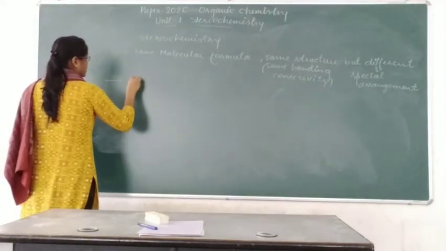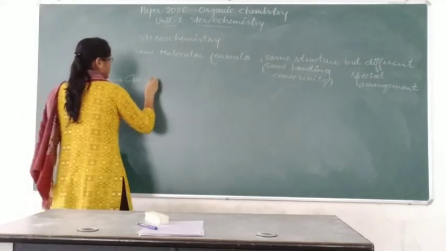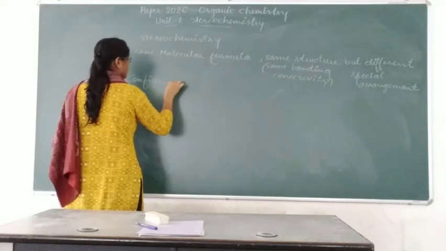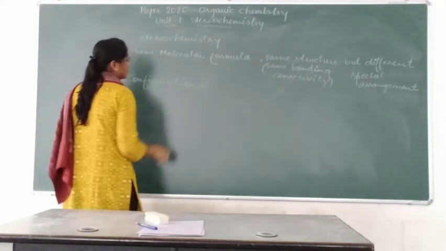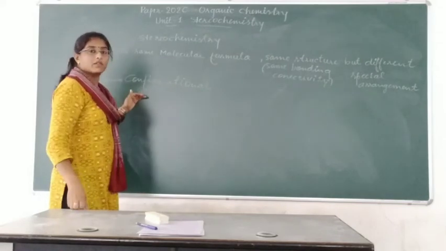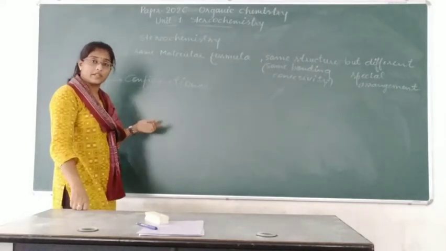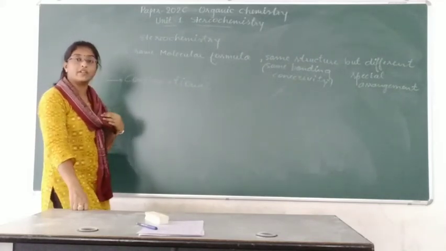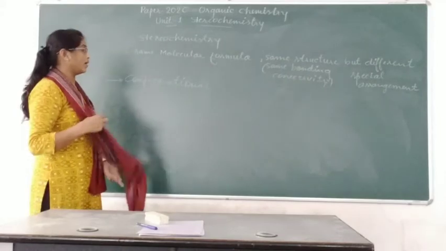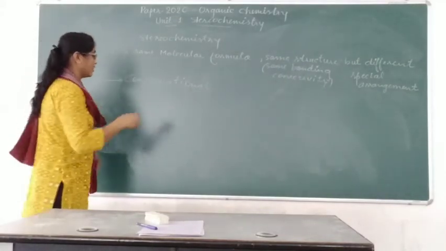Now, configurational isomers. They have the same molecular formula, same structural formula, but different spatial arrangement. Right? We can draw different 3D structures in space, so they all are called configurational isomers.